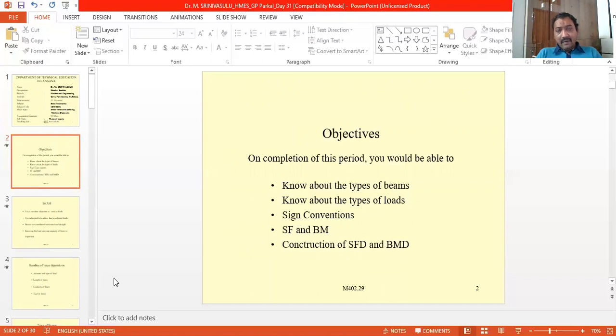And just now we have also studied the sign conventions. If a downward force is acting rightward, it is taken to be positive for the shear force. So this is about the topics that we have covered in today's class.